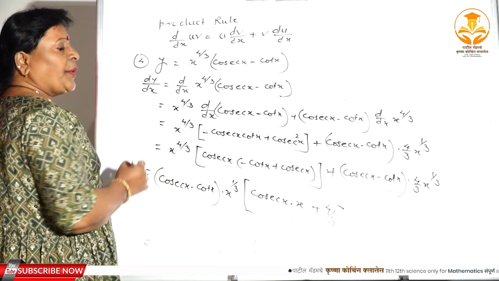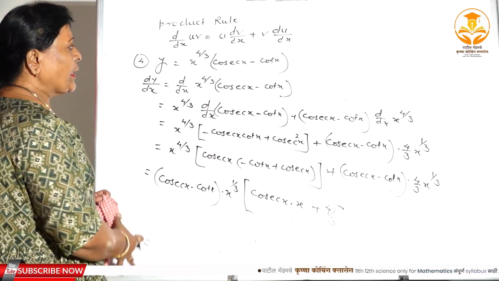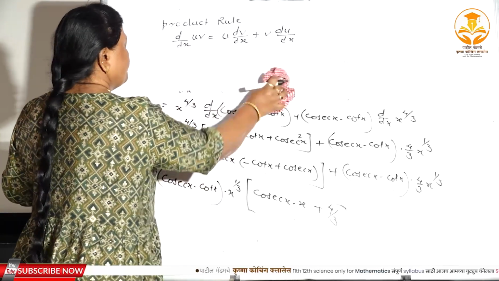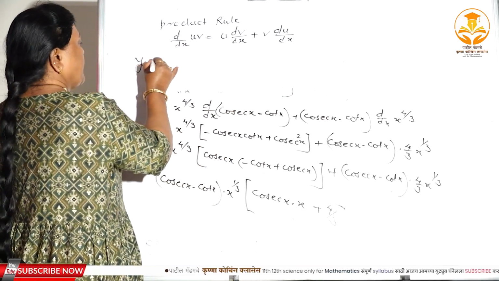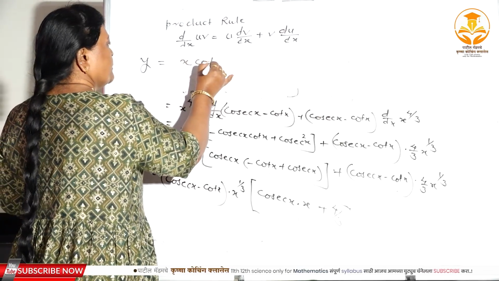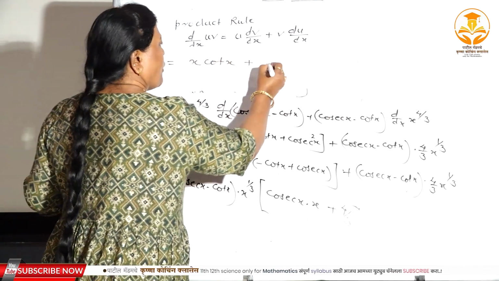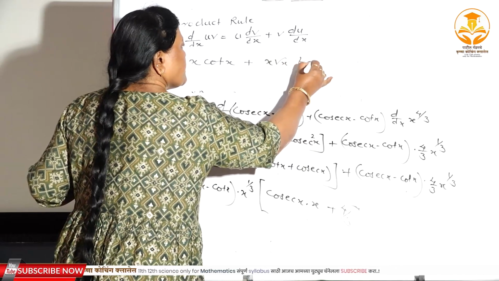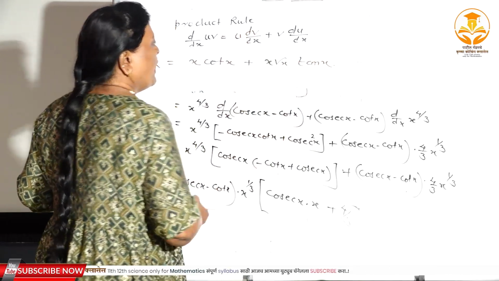So this is about the product rule. Again I will take some more problems here. Say the fifth one, I will take here: x cot x and x root x tan x. Right?